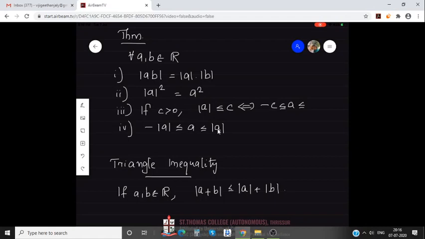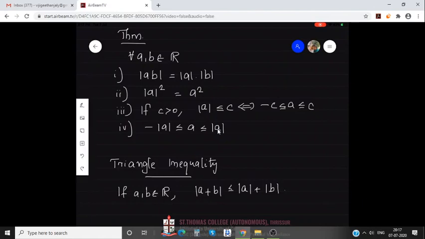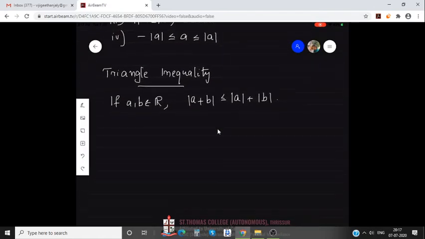And if c is greater than 0, modulus of a less than or equal to c is equivalent to minus c less than or equal to a less than or equal to c. And minus modulus of a is less than or equal to a less than or equal to modulus of a. We use this theorem to prove the famous triangle inequality.